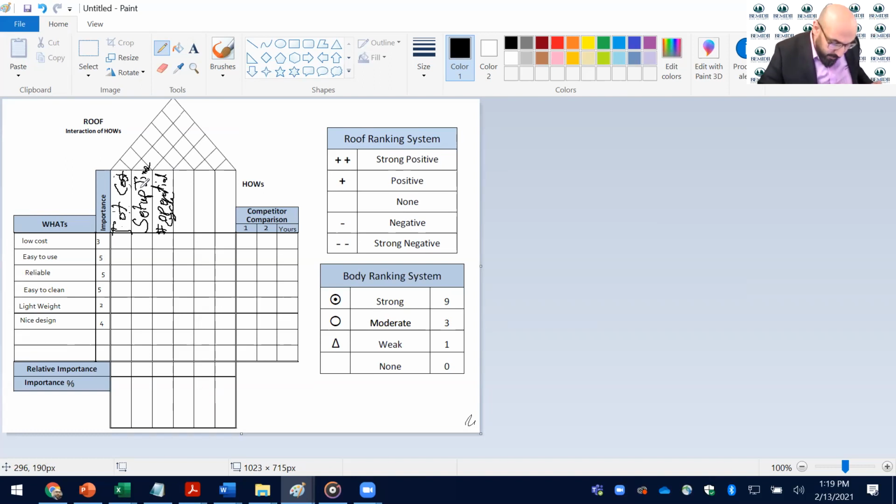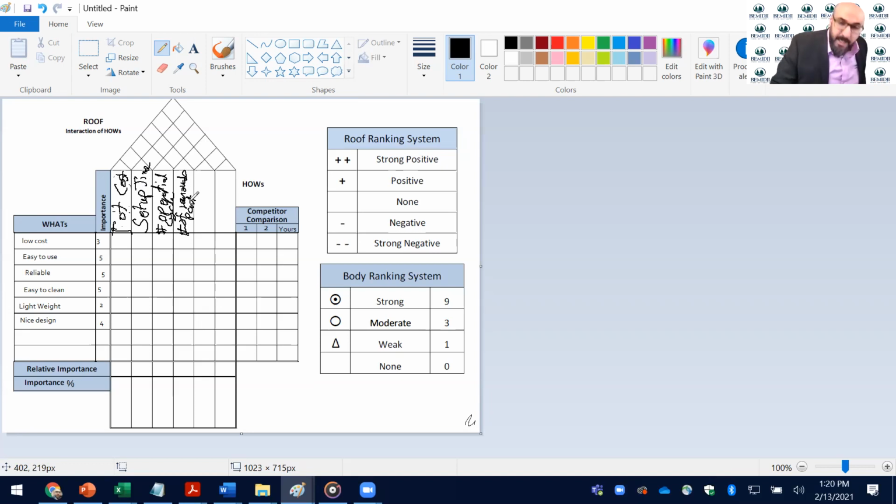I'm going to write removable parts here, because as long as you can remove these parts, you can clean it easily. So number of removable parts.